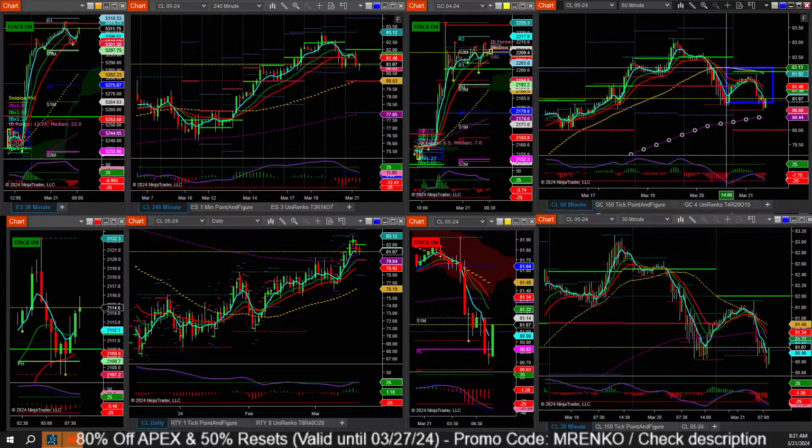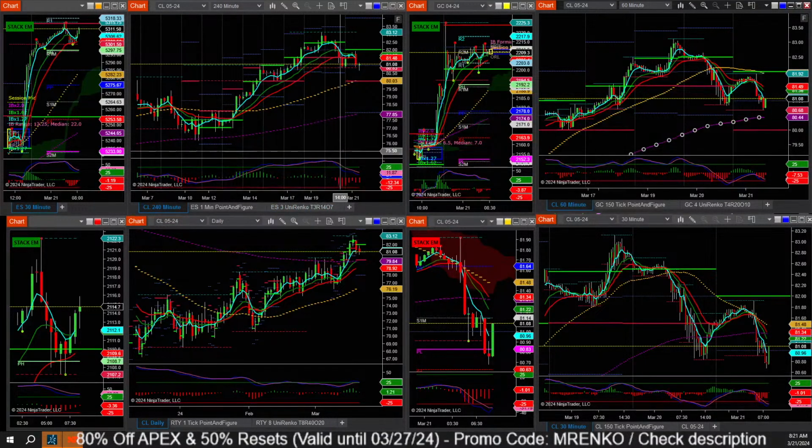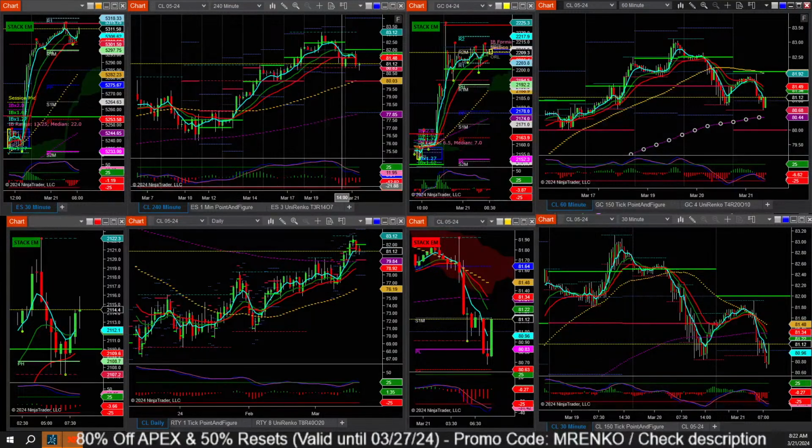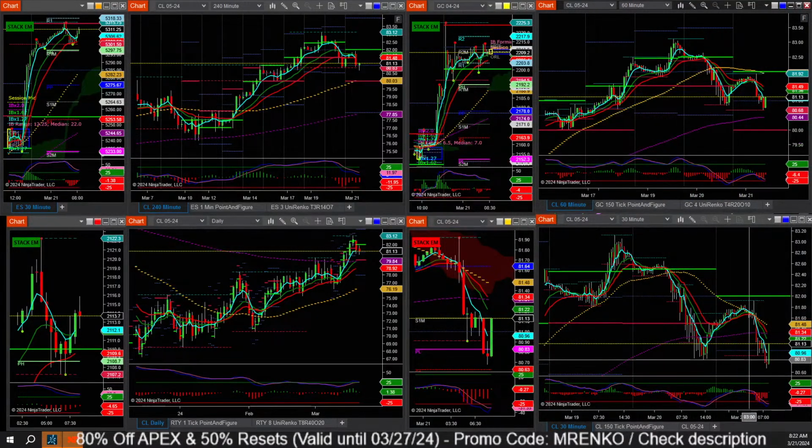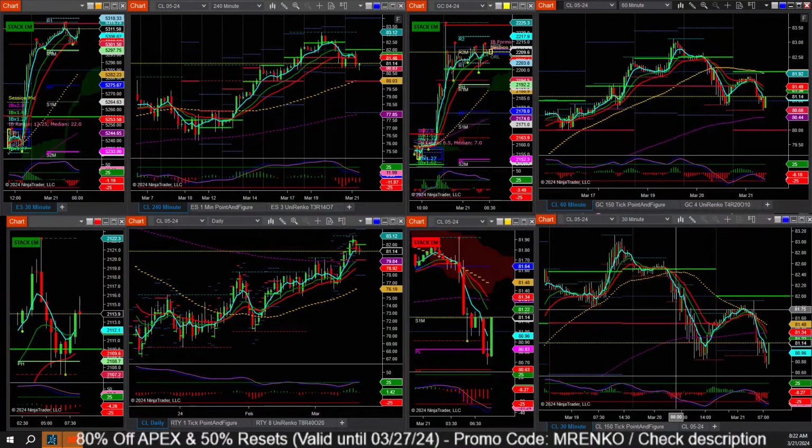In the range in the 60 minutes, now facing the 200, we are in congestion in the moving averages. Momentum here in the 240s is resetting, negative in the 60 minutes, and then in the 30 minutes we are negative, a little bit extended to the downside, lower highs and lower lows.